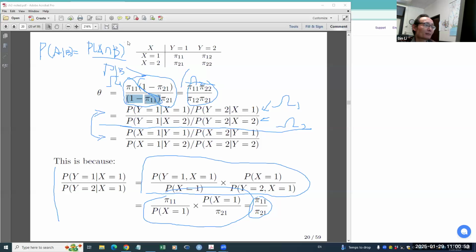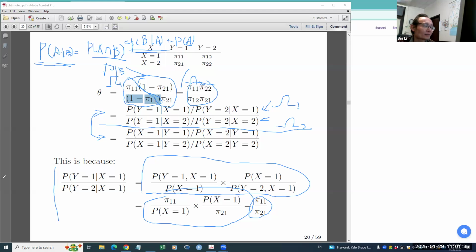And then this can be further written as the probability of, now this time, B given A, times the probability of A. So using the Bayes theorem, it shows the connection between these two conditional probabilities, but with A changed to B, B to A. That's the idea. So you use the Bayes theorem here, and you can easily see these two are the same.